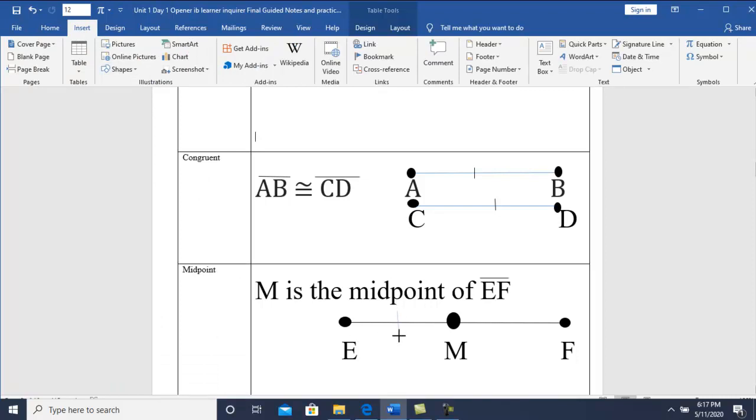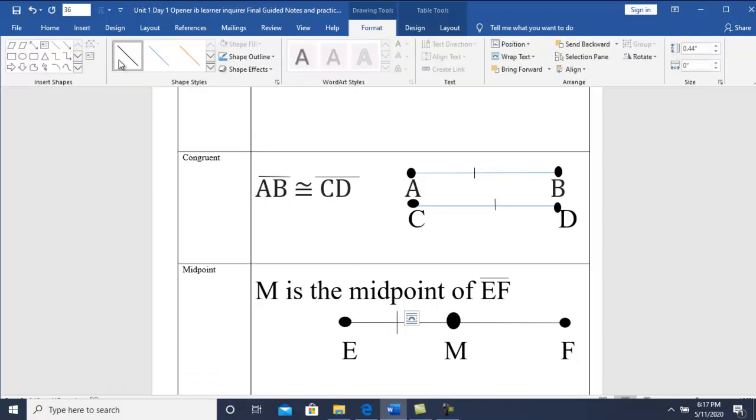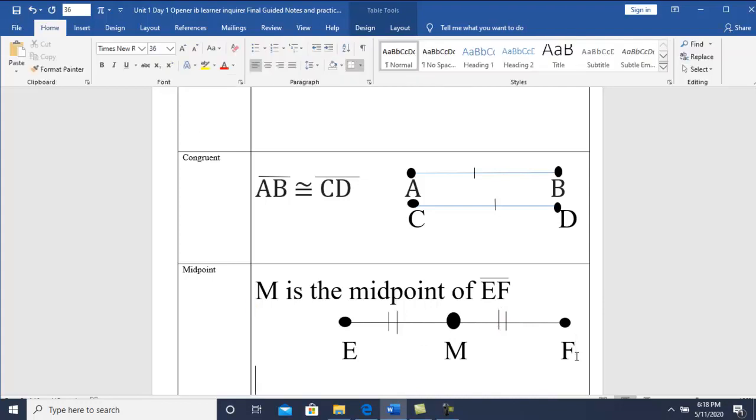You're trying to find the middle of the line segment. So then we'll put a little tick mark here. We'll do 2. Remember, it doesn't always have to be 1. But then you're also going to put 2 tick marks over here. And what that means is that the line segment has been cut in half. And then we can make a statement here. This is a conclusion that we can make. We can say that EM, borrow this congruent symbol here, is congruent to MF.